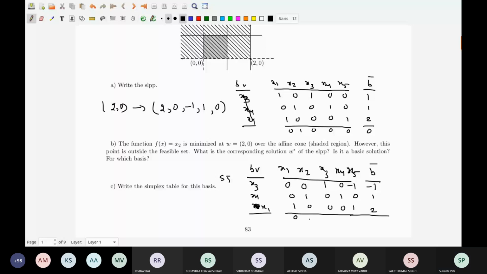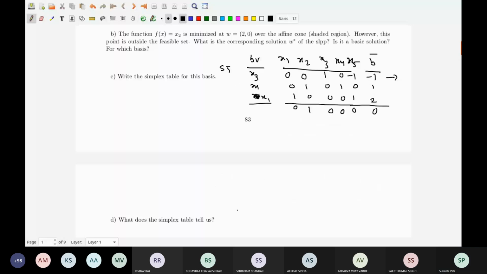Now this simplex table has a -1, actually. So what is the simplex table telling us? Now we are at the point x1 is equal to 2, x2 is equal to 0, x3 is equal to -1.